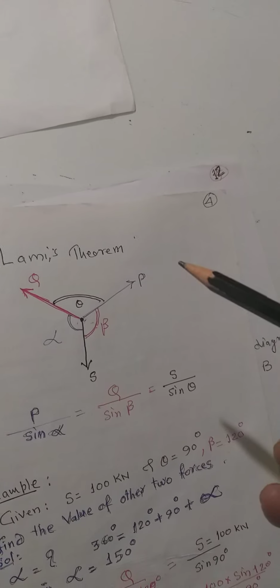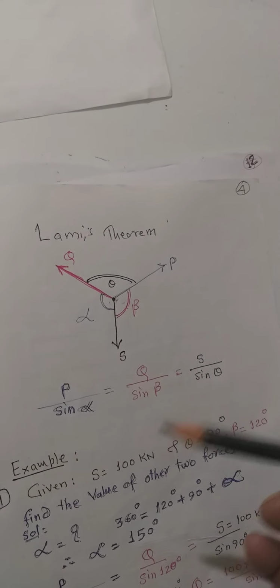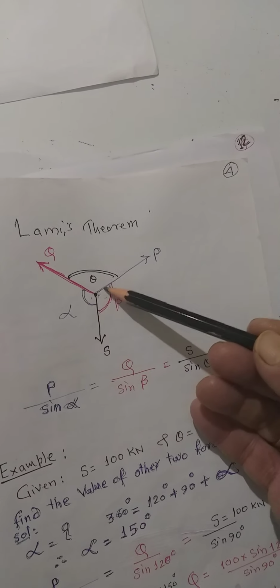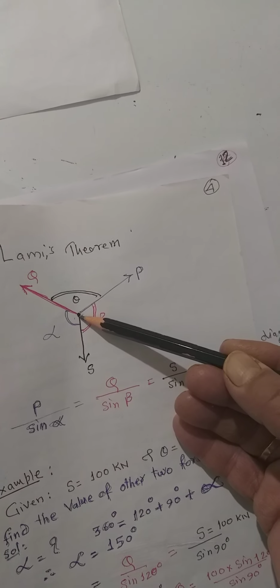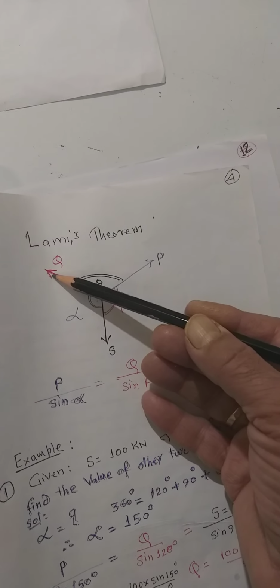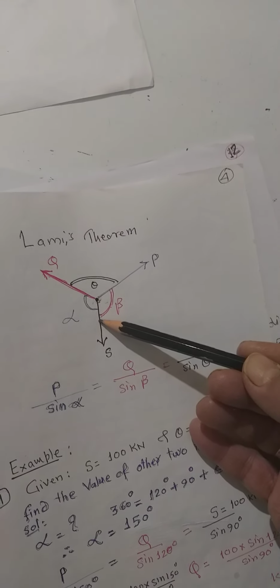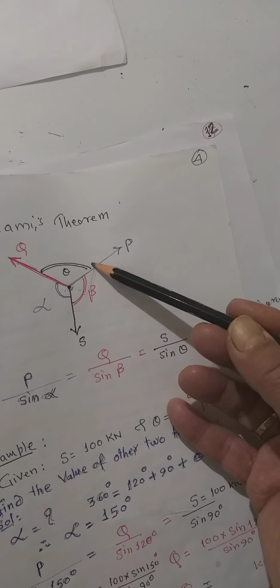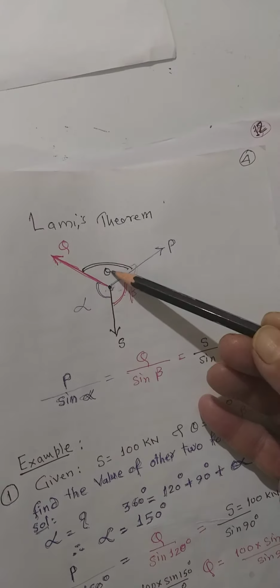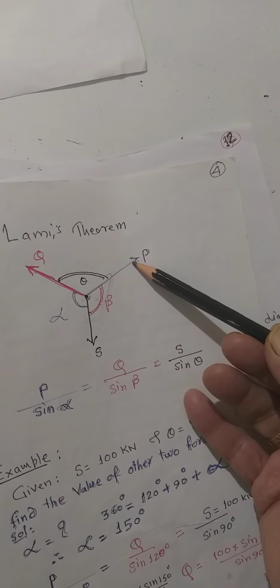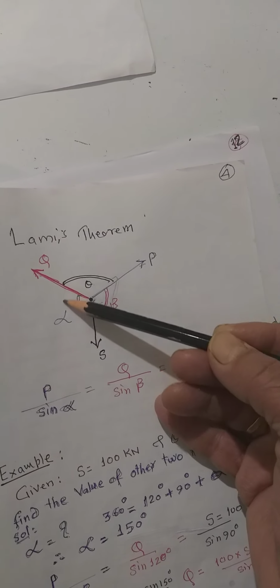I think you may be confused by what I am saying so far, but I will explain with this. If three forces are simultaneously acting on a body and the body is in equilibrium, then each force is proportional to the sine of the angle between the other two. That is, if we are talking about this force, what is the angle between the other two forces?